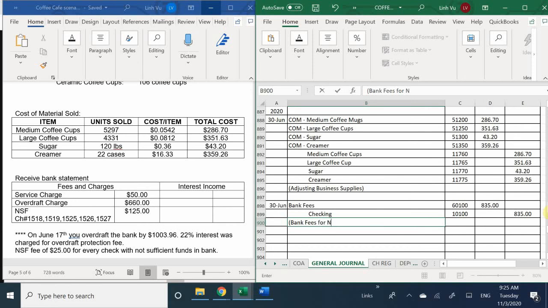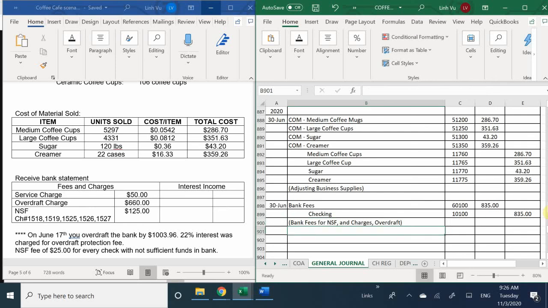Fees and charges. Yeah, it's also charges too. Overdraft. No, no, it wasn't overdraft. Okay, good.